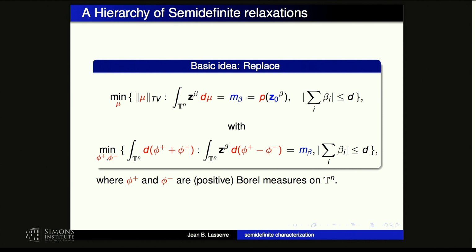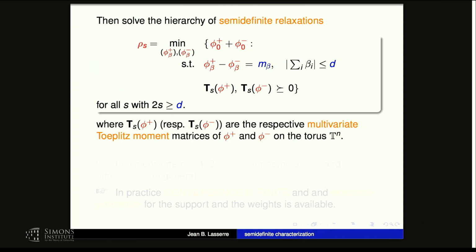And you solve this SDP by using the moment approach, right? You solve this SDP relaxation by truncating, so you have the fixed moments up to order d, but you go to higher moments, which are unknown, and then this gives you a Toeplitz matrix. The moment matrices of these unknown measures, phi plus and phi minus, are just Toeplitz matrices, which are supposed to be positive semi-definite, and you solve this SDP.